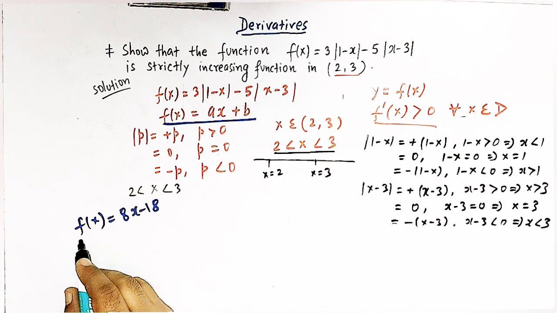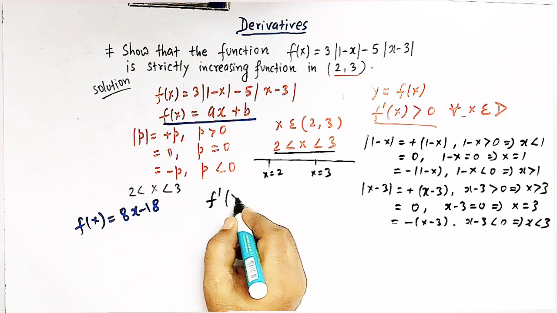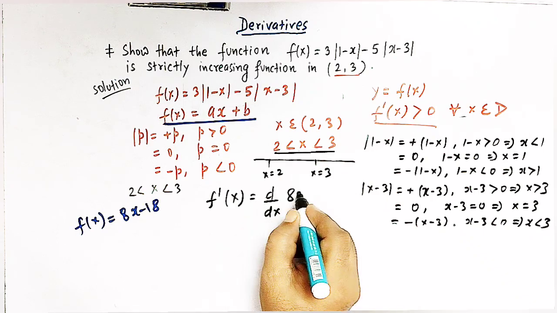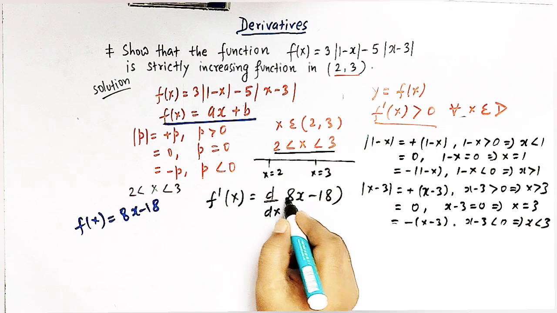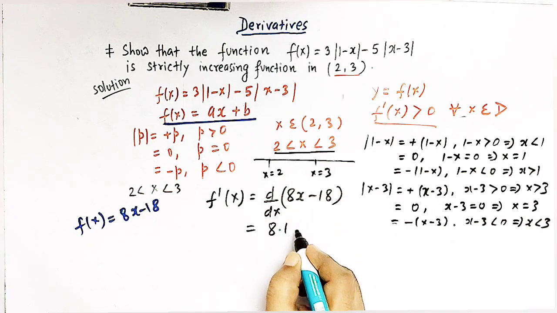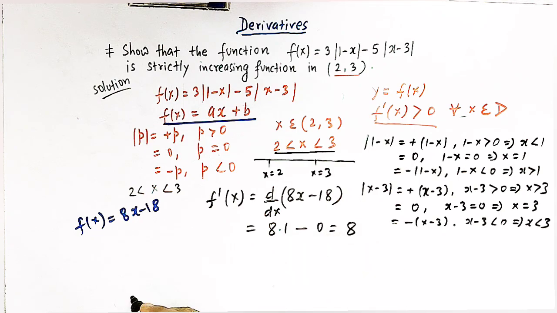Let us differentiate f of x. The derivative f prime of x is equal to d by dx of 8x minus 18. The derivative of x is 1, the derivative of 18 is 0, so we have simply 8.